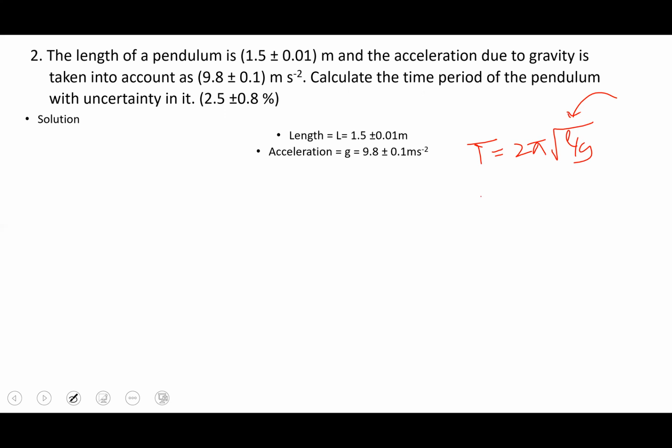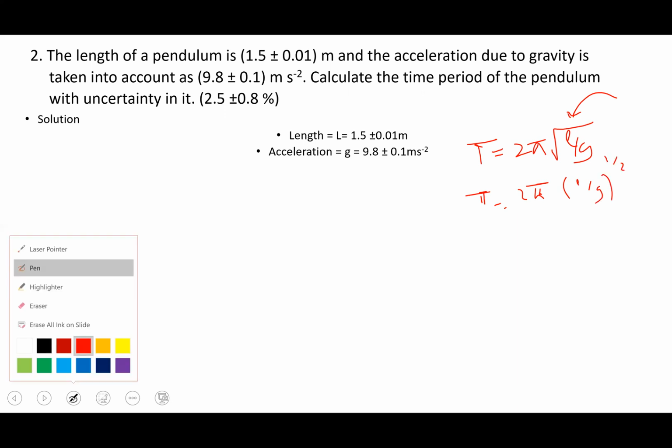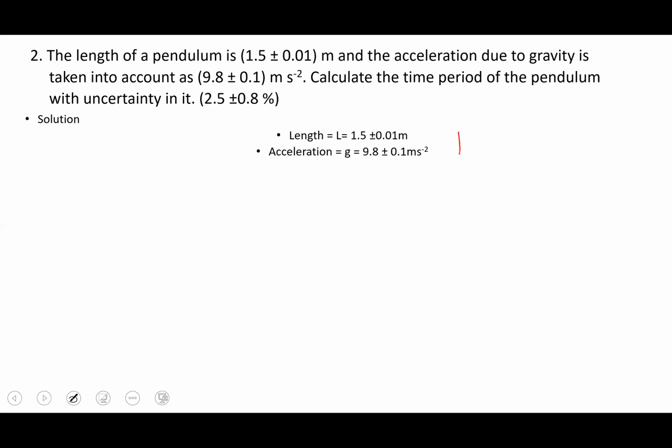We can write this as T is equal to 2 pi. Instead of under root, we can say L over G to the power 1 over 2. Let me write it down clearly. So T is equal to 2 pi, and instead of writing under root, we say power 1 over 2.